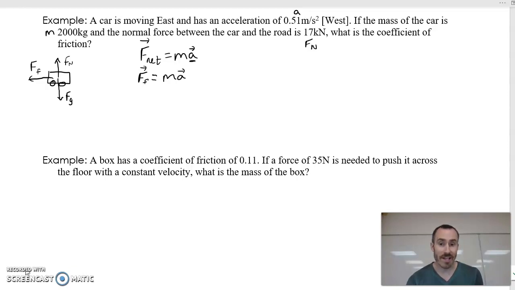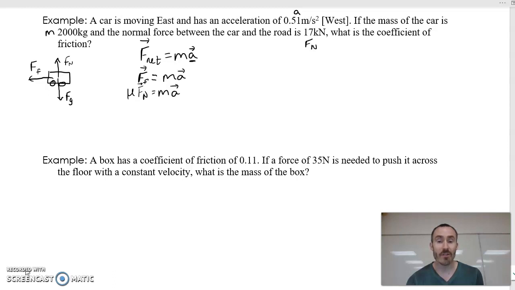That's not in this formula yet, but we should expand this force of friction into its equation. So that gives us coefficient times the normal force, that's a vector, is equal to mass times acceleration. And now we can see this is where we're going to get the coefficient of friction from. Let's do some rearranging.